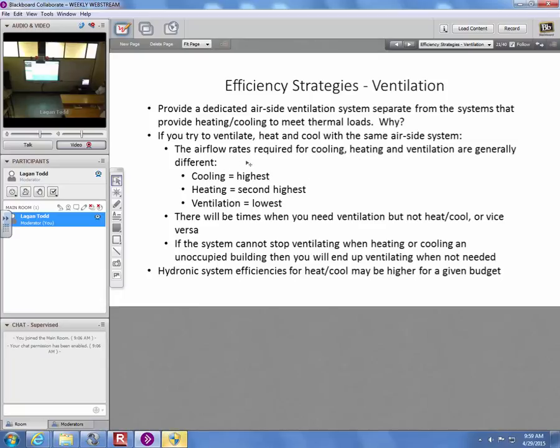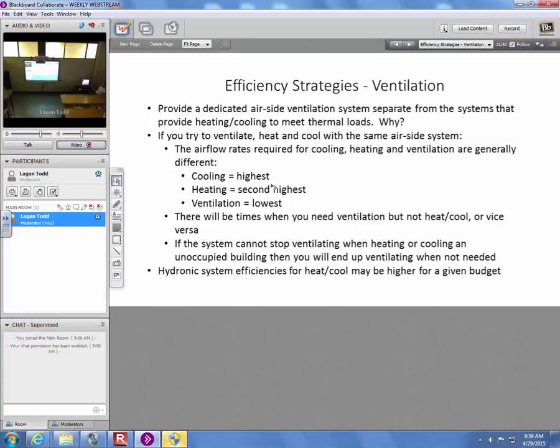The reason is that for cooling and heating, the temperature differentials are different. Remember that the sensible heat is equal to 1.08 times delta T times CFM. For a given amount of heat, Q, if you have a bigger delta T, you can get away with less CFM, and vice versa.